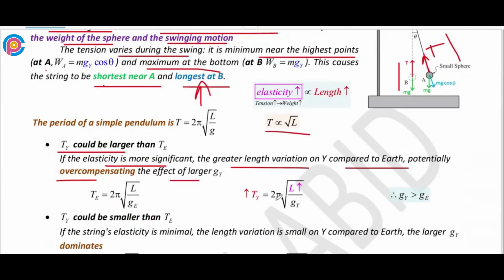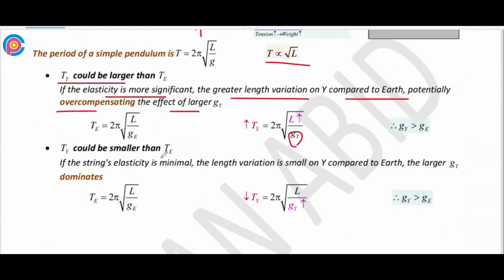So when on planet Y the tension is higher, the length is higher, so the time period could be higher, compensating for the value of gy. We can say the time period could be larger as compared to Te.